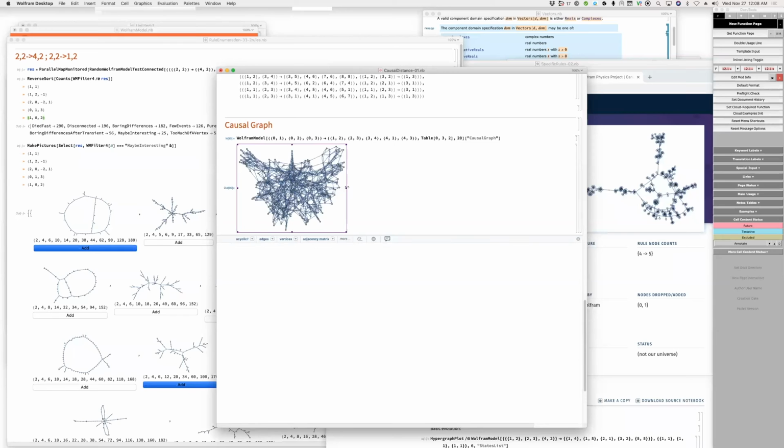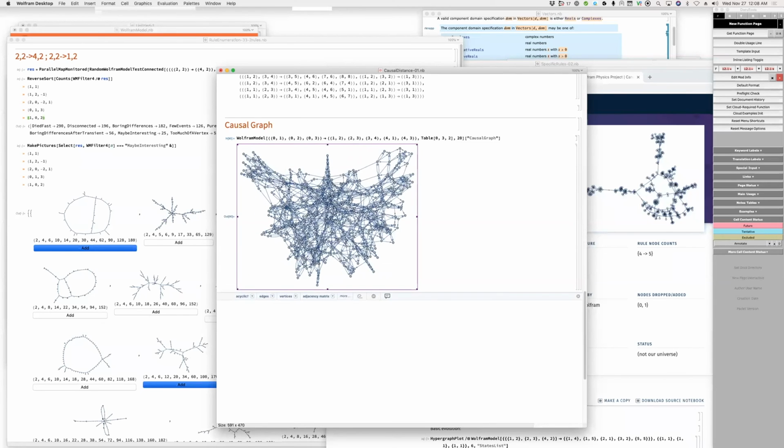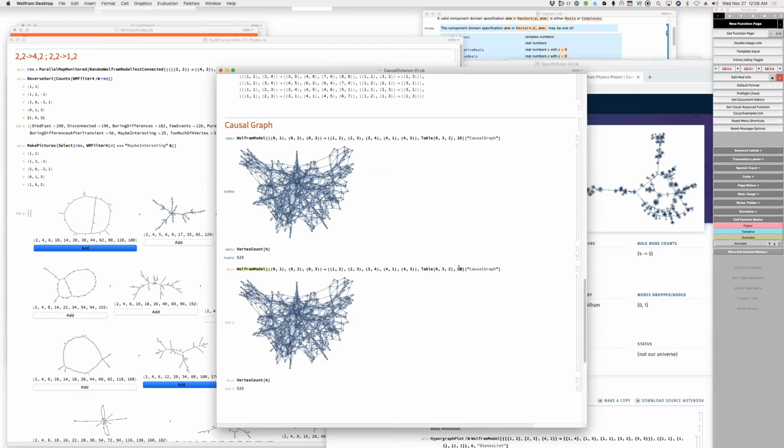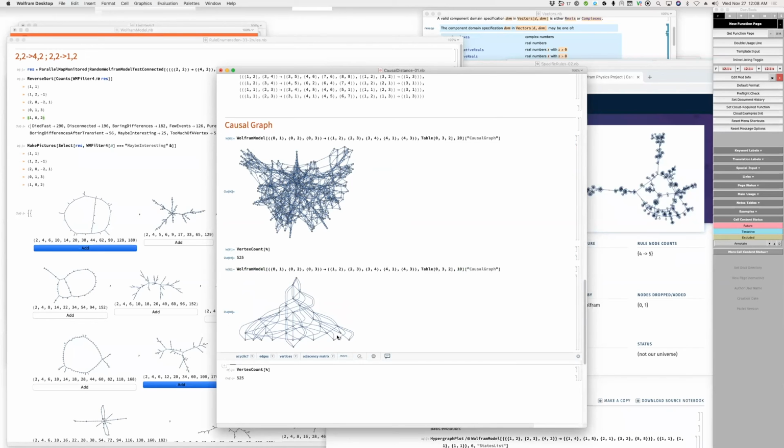Now we are asking the question for every pair, I don't know how big this thing is. That's a bit big. Let's look at a smaller one first. Okay, so that one. What we want to know is for every pair of nodes here, what is their relative distance, right?